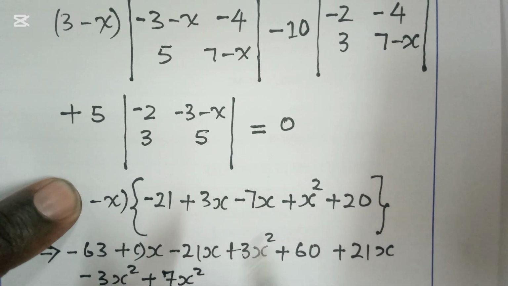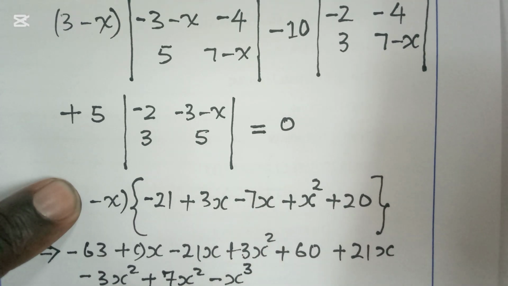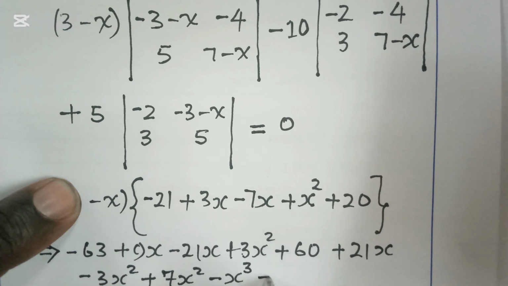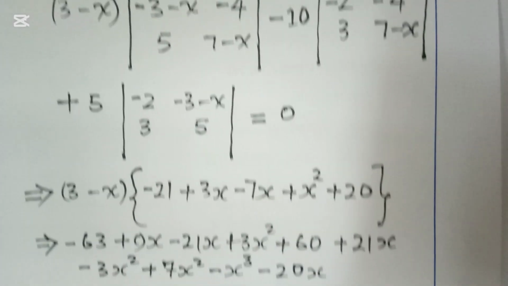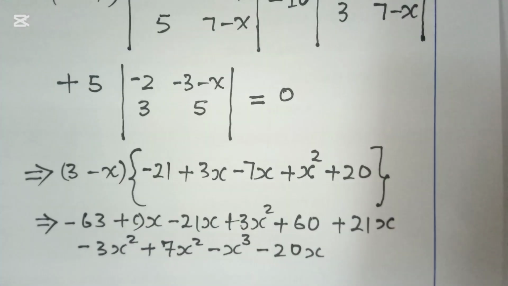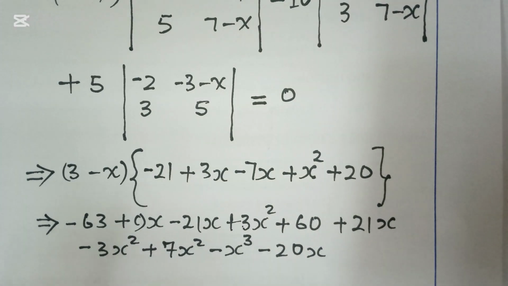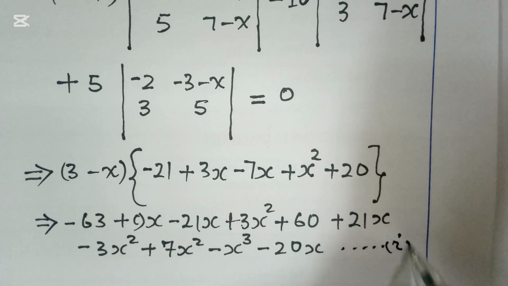Then we have minus x cubed, and minus x multiplied by 20 is minus 20x. So guys, that is our first equation. So we call this one Roman 1.